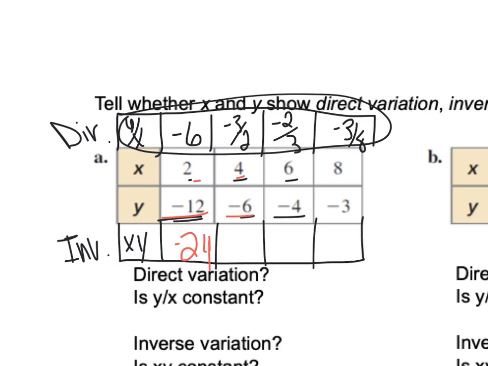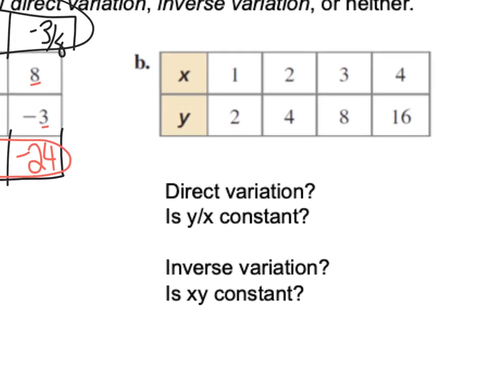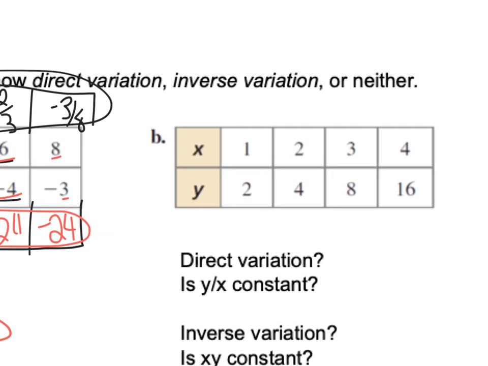Negative 6 times 4 is negative 24. Negative 4 times 6 is negative 24. And negative 8 times 3 is negative 24. These are all the same. My constant of variation is the same each time, which means x times y is the same each time, so it is inverse variation.